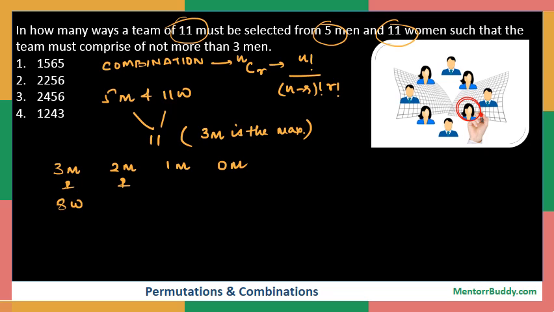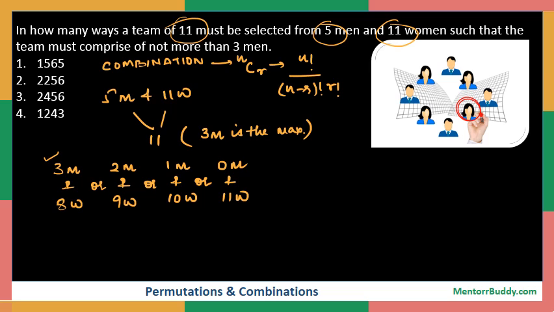When we have 2 men, the other 9 would be women. If it is 1 man, the other 10 would be women. And if it is no men, all 11 would be women. So these are the cases which we have to consider while forming the team out of 5 men and 11 women. So now let me use this logic to form a mathematical expression.